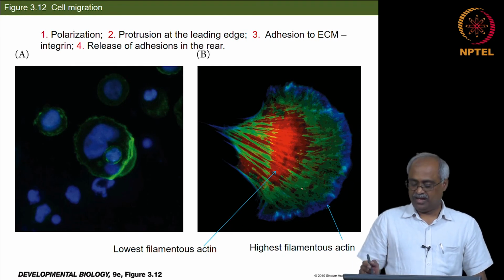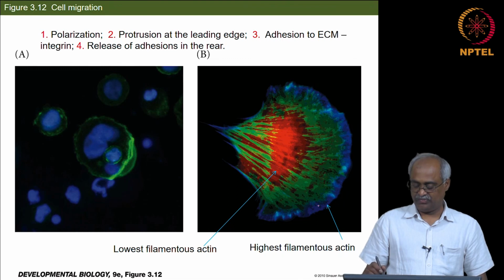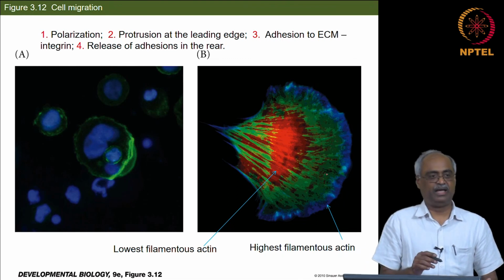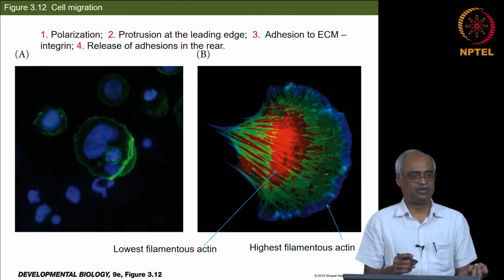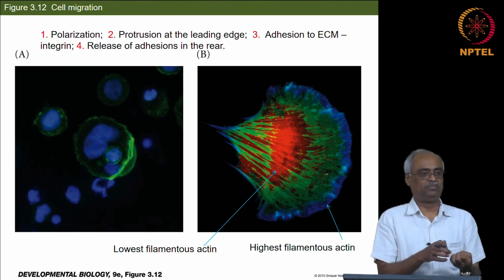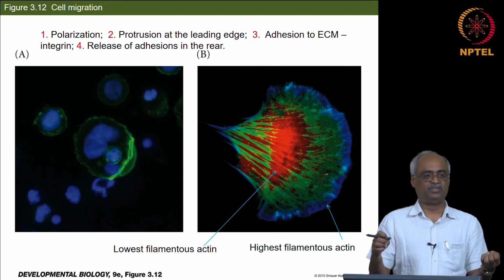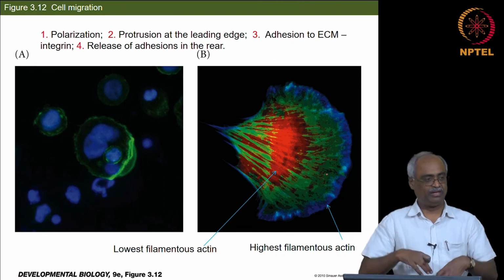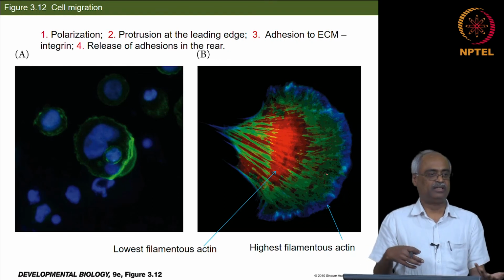And in this what you are seeing is the different concentration of the filamentous actin. Remember, what is actin? Actin is a globular protein. When multiple globular actins join together, they form filaments. So, they could either be filamentous or single-molecule soluble form, right.